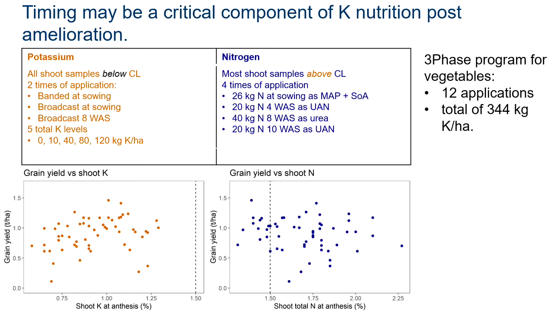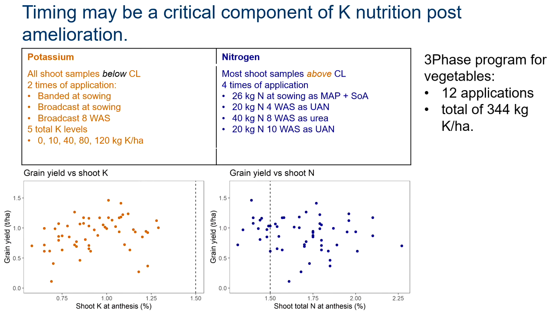Just to give some perspective on how different industries manage a similar soil type, though under different systems: the DPIRD's 3-phase program for vegetable production on those deep grey sands. In that system, they have 12 applications of K for a total of 340 kilos of K. I'm not advocating that we go to those levels or even to that number of applications.